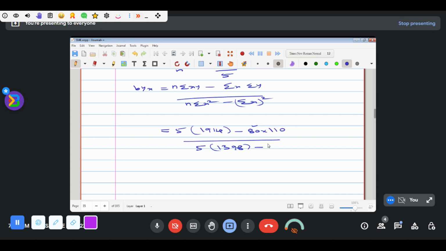Summation x value is 80, therefore summation x the whole square means 80 the whole square.